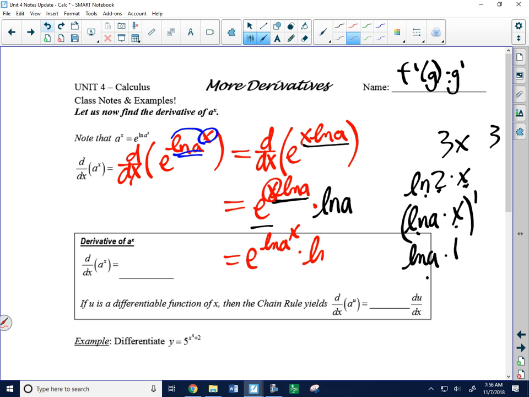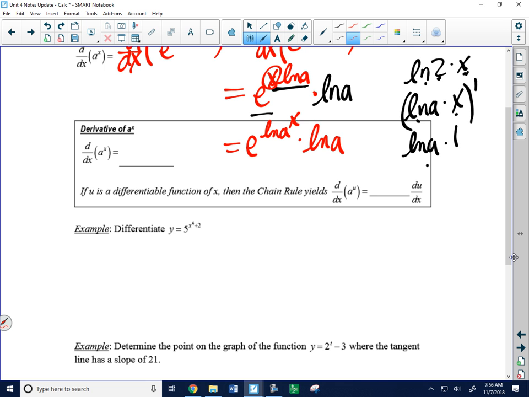So by the property of logs, I can put the x as a coefficient, or I can move it back up to the exponent. And now, guys, this was the original thing: e to the ln of a to the x was the original, it was a to the x.